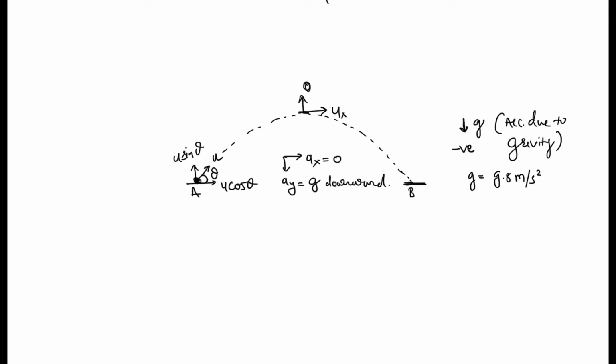Now we want to analyze the situation. Here we have taken u cos theta velocity in horizontal direction, so we can write ux is equal to u cos theta, and in vertical direction uy is equal to u sin theta.